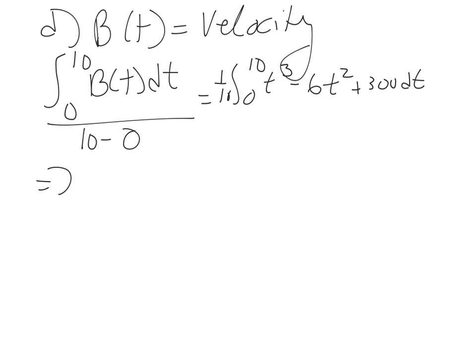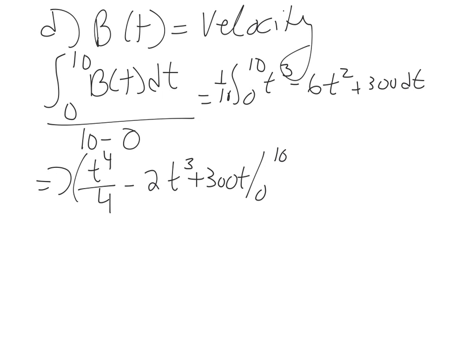So when I take the integral of that, I can just do it term by term. It's nothing fancy. Now again, you might say, oh, why do they have such annoying numbers?